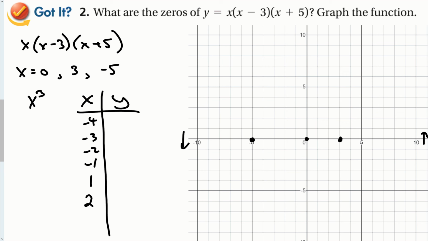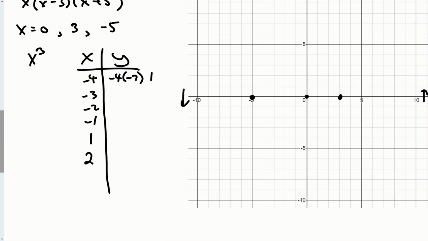Okay, so that would be -4 times -7 times 1. Ooh, weird. -28. So it's going to be off the graph. All right, so this graph's not really going to be the right size. So we'll just leave it as an estimation right here.